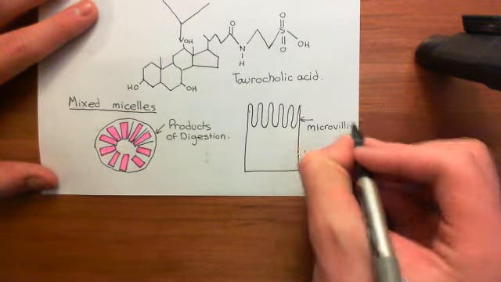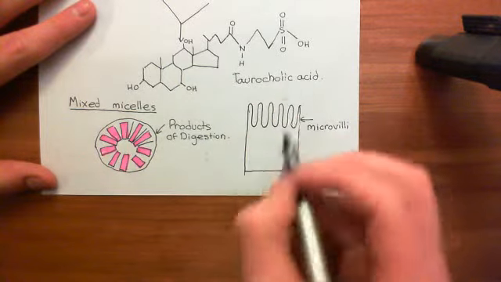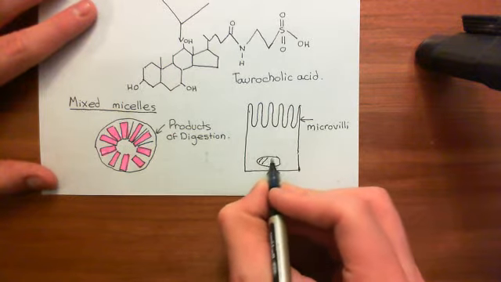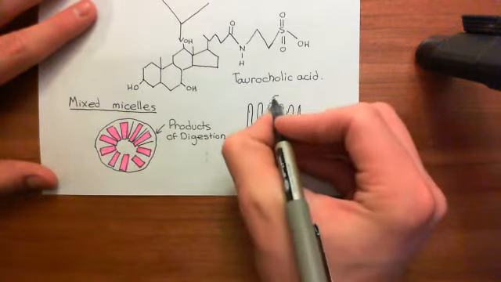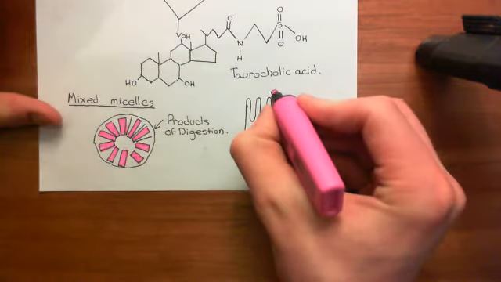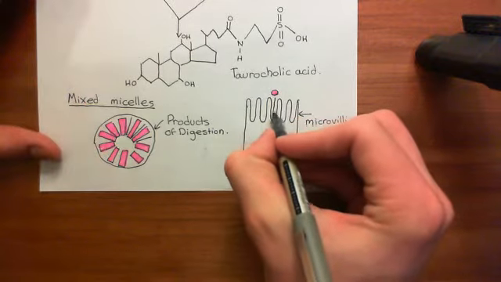Now, what's going to happen is this is the luminal side, so this apical face faces the lumen of the small intestine. So what's going to happen is these mixed micelles, which I'll just draw as a little dot here, which I'll colour in pink, these are going to come and go down the gaps between the microvilli.